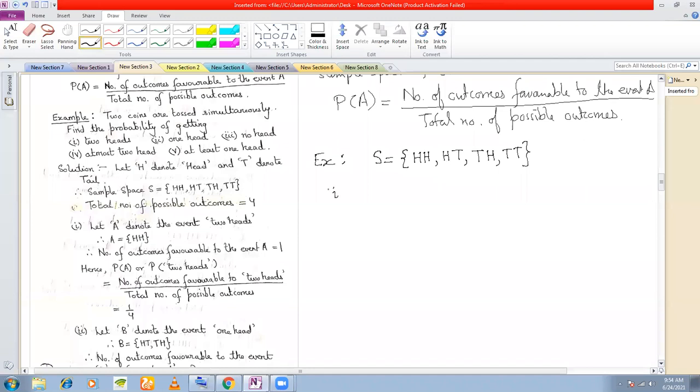Now you need to find the probability of two heads. According to the given question, it is two heads, so we'll define the event accordingly, right? This is the actual way of writing. You can make many other shortcuts of writing, but I'm not talking about that. Let A be the event, under quotes, two heads.